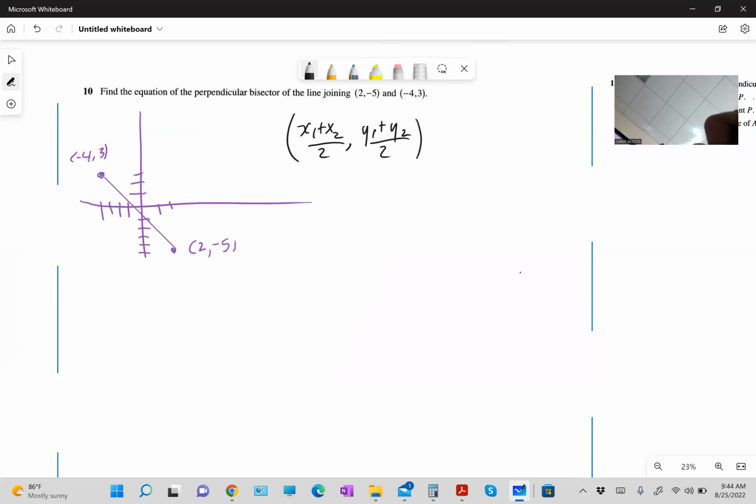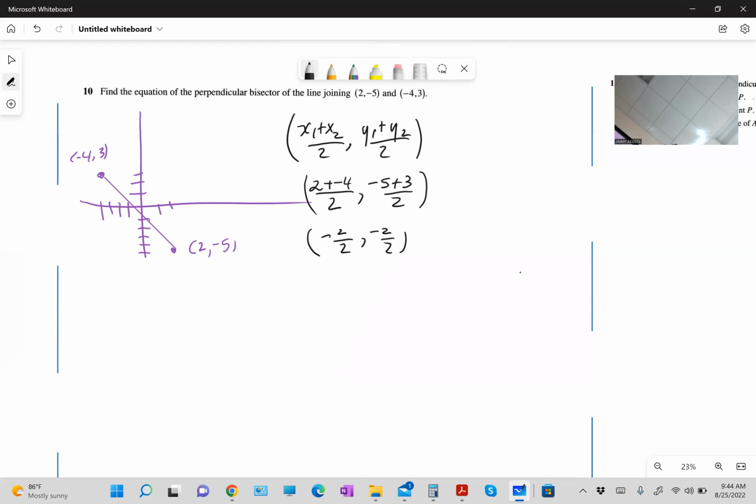It's going to be 2 plus -4 divided by 2, comma, -5 plus 3 divided by 2. So it's -2 divided by 2, comma, -2 divided by 2. So it's 1, -1.